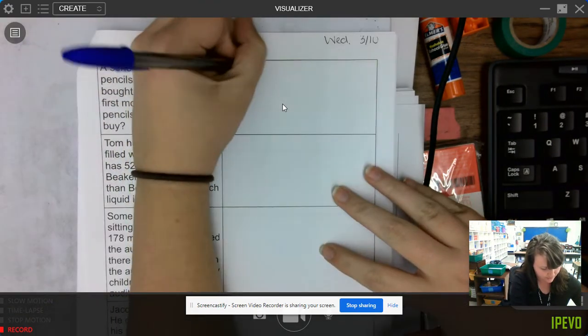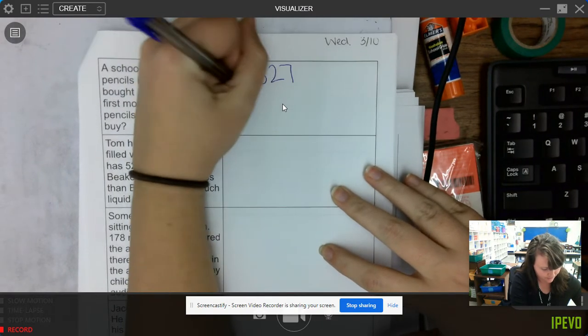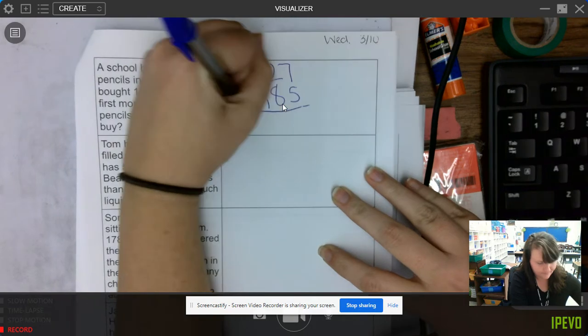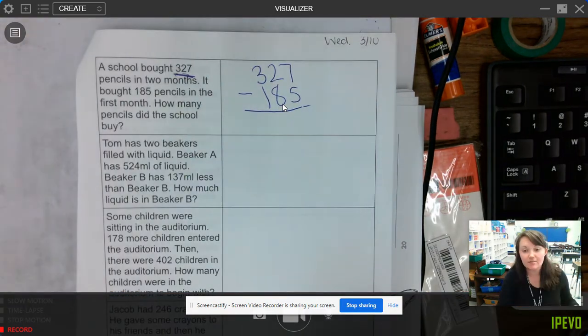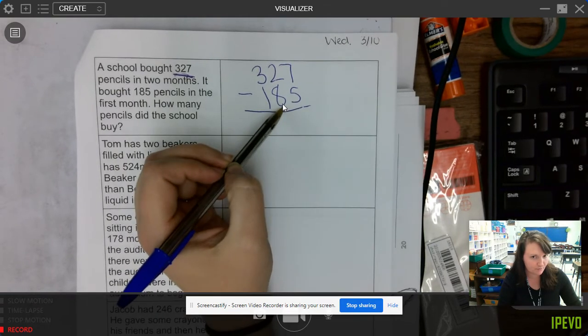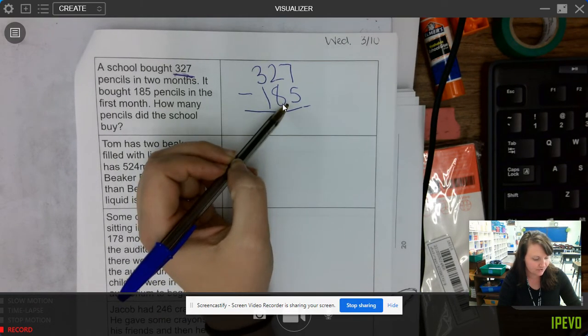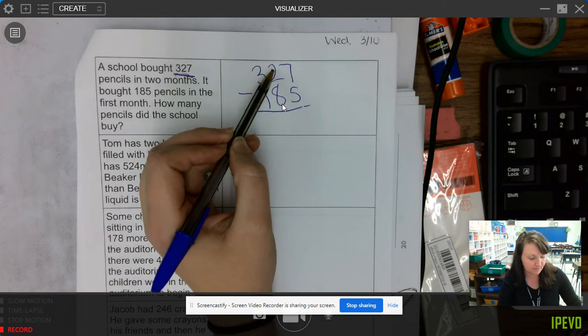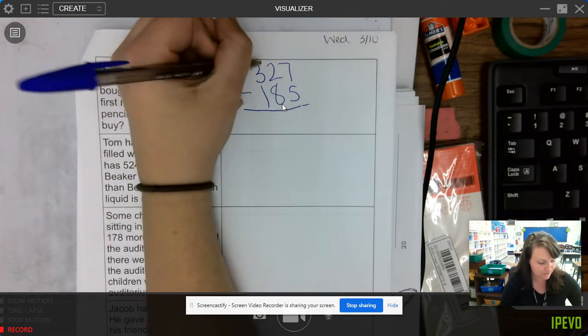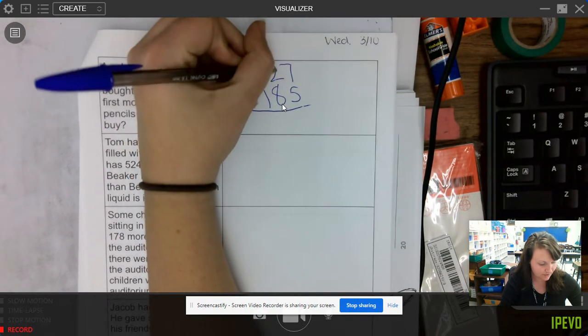So this is subtraction. We've got to do 327 minus 185. Now, this is going to be tricky because, as you can see, there's more on the floor, which means there's more on the bottom. So you have to go next door and borrow 10 more. But look, there's more on the floor over here, so we have to go to the hundreds first. So we're going hundreds, 12.